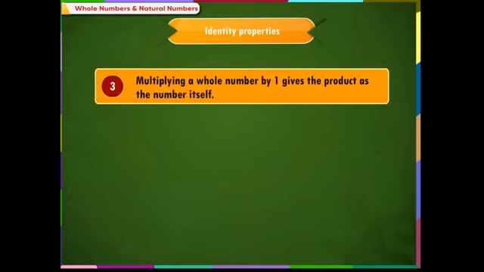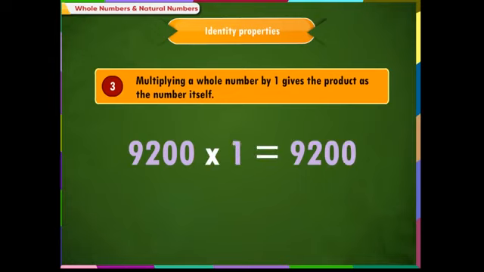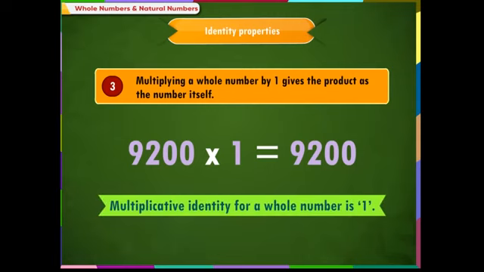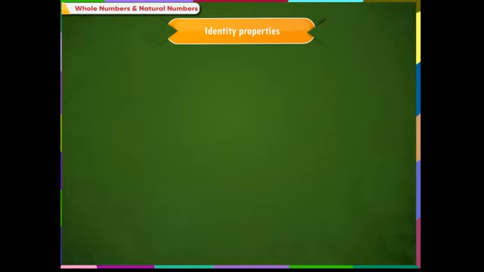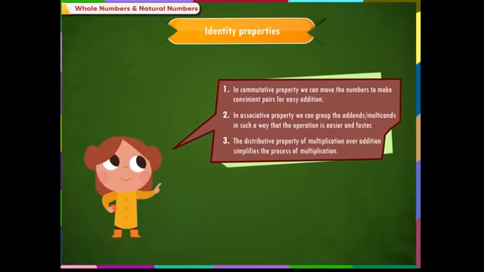3. Multiplying a whole number by 1 gives the product as the number itself. For example, 9,200 into 1 is equal to 9,200. We call 1 the identity for multiplication or multiplicative identity for the whole number. Let us do a quick recap of what we have studied till now.